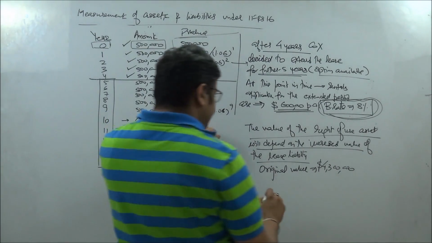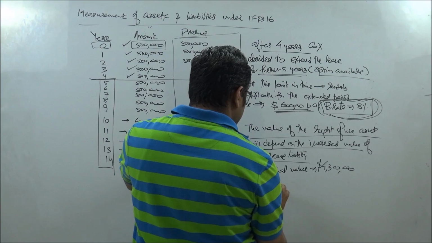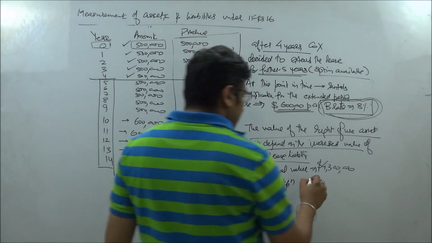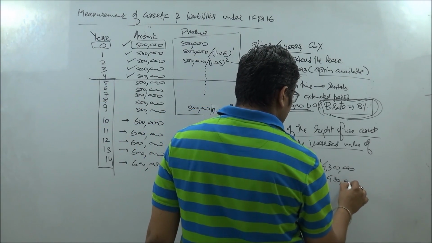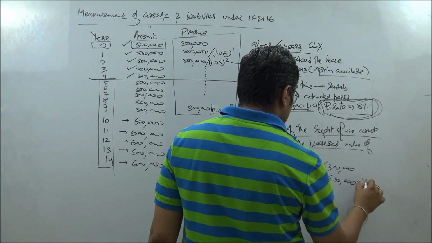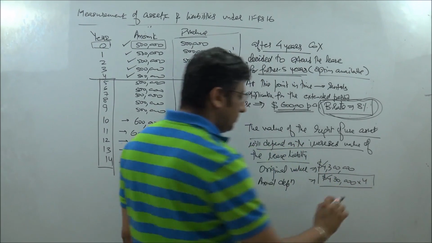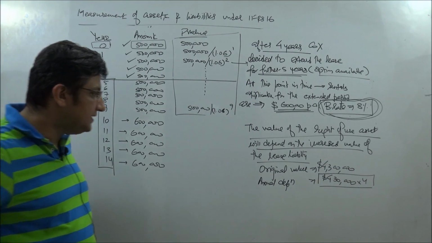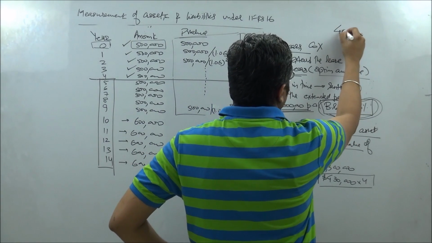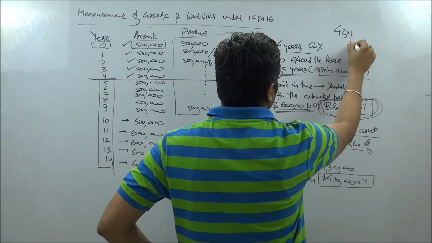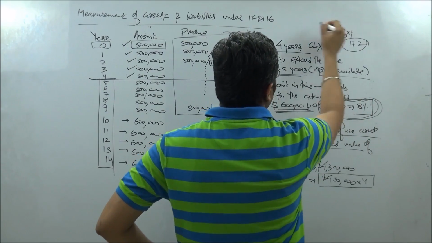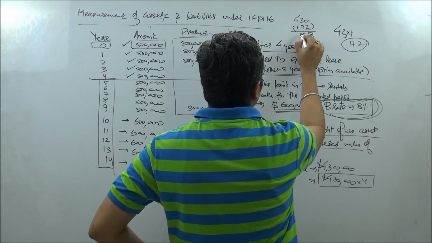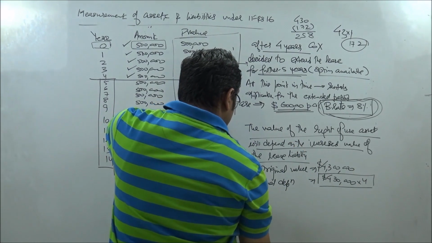Now, considering that my original term was 10 years, my annual depreciation becomes $430,000, and my depreciation up to the end of year 4 would be 430,000 into 4, so 43 into 4, that would be 172, and when I look at 430 minus 172, I'm arriving at a value of my carrying amount.